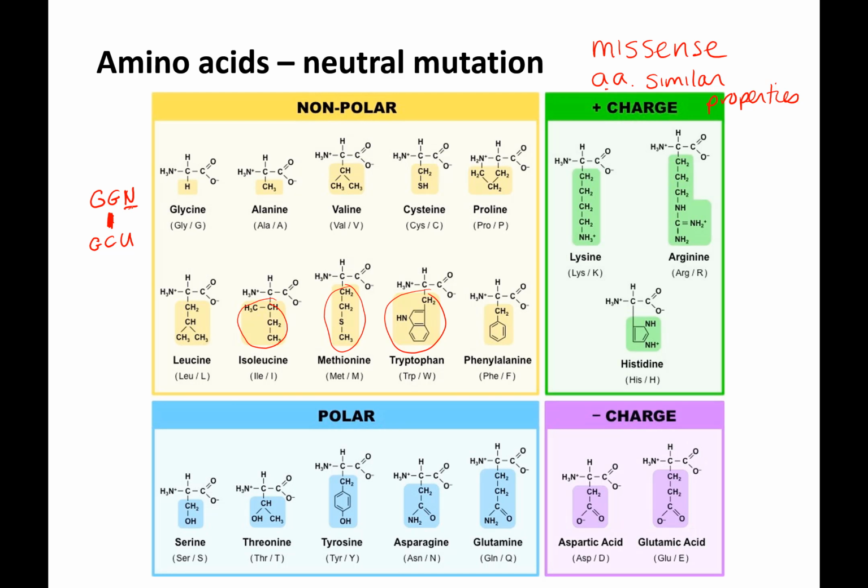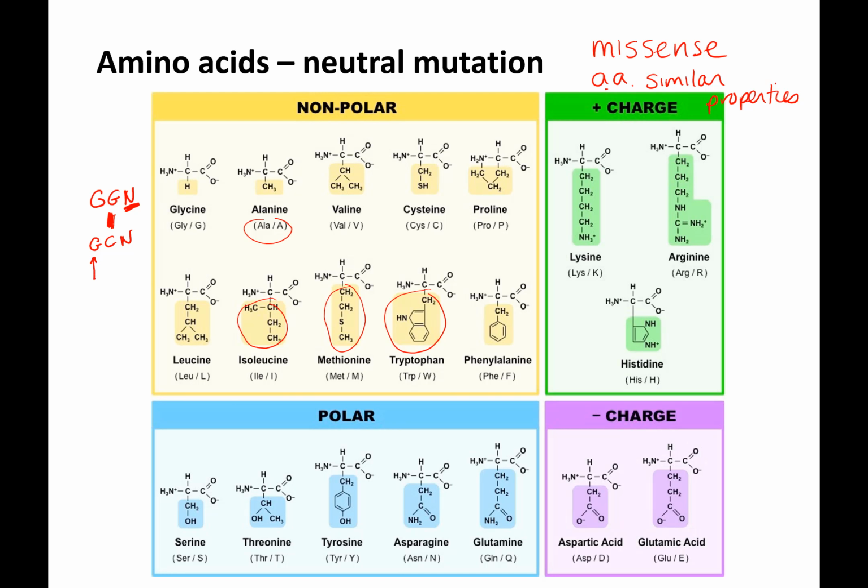So if you have a mutation in this codon in the third nucleotide, you're still going to get glycine. If you have a mutation in the second, this should be N, you could get alanine, which is very similar. So again, we think that some of the evolution and the redundancy of this code allowed for these base substitutions to not be totally detrimental.